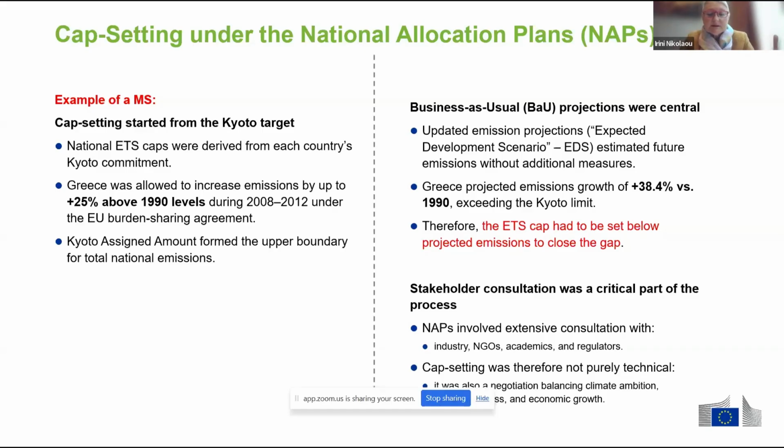But the ultimate goal must be an absolute target that must be reached at some point. The business as usual projections were plus 38%, and then the ETS cap had to be set below projected emissions to close the gap. And then stakeholder consultation was a critical part of the process.